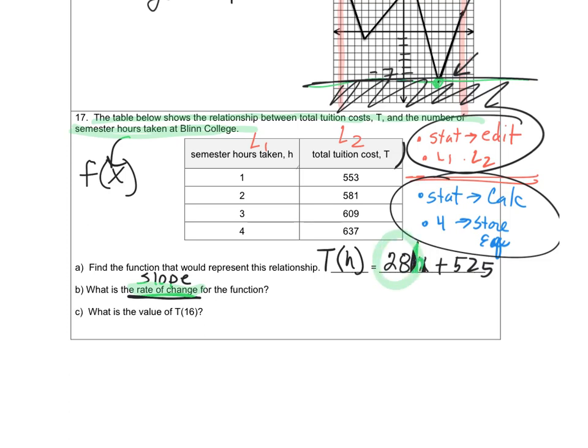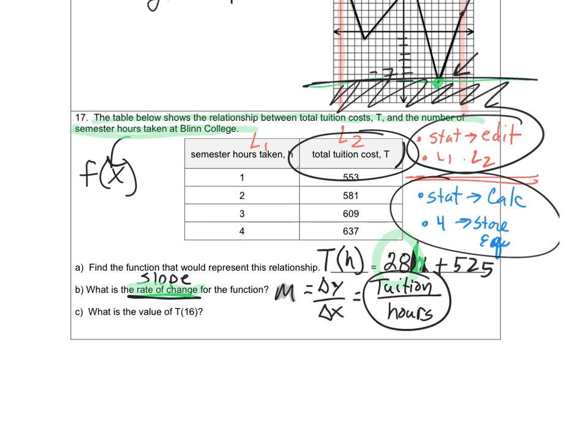We know that the slope is 28, okay? So the slope is the change in y over the change in x. In this case, it's tuition over hours. And that's what I use to put it in words. So I know my slope is $28 per hour.